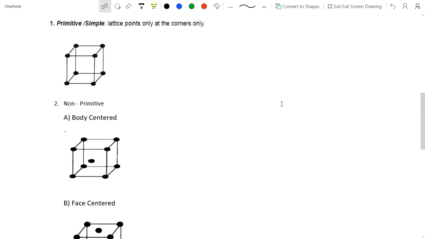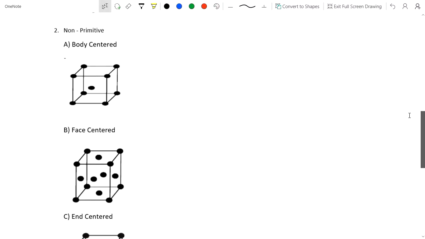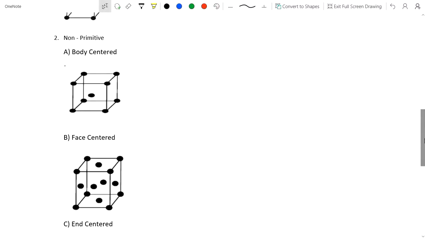In case of non-primitive unit cells, there are further 3 types of unit cells. The first one is called body centered, where apart from 8 corners, there is one atom present at the center of the cube.